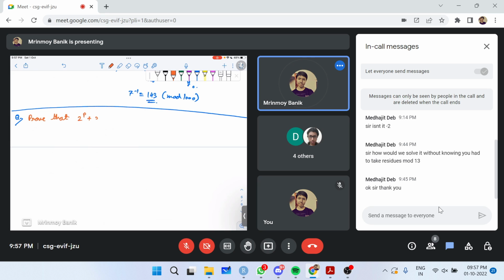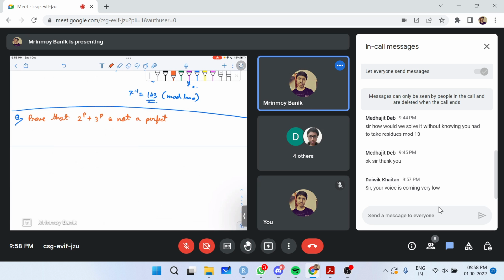Prove that 2^p + 3^p is not a perfect power for prime p. Here, perfect power means that there doesn't exist a such that 2^p + 3^p is equal to a^k.